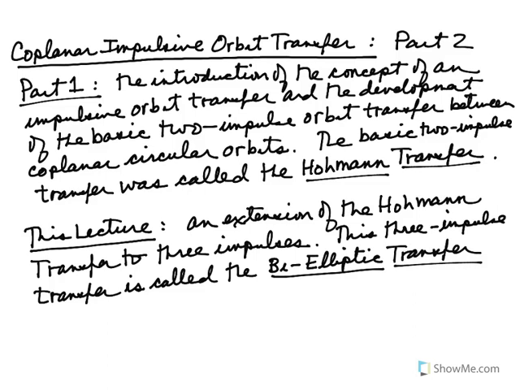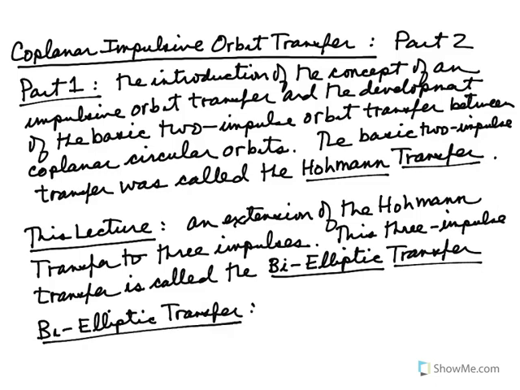Now, as the name implies, it is a transfer that uses 2 elliptic transfer orbits. So the BiElliptic transfer uses 2 elliptic transfer orbits.